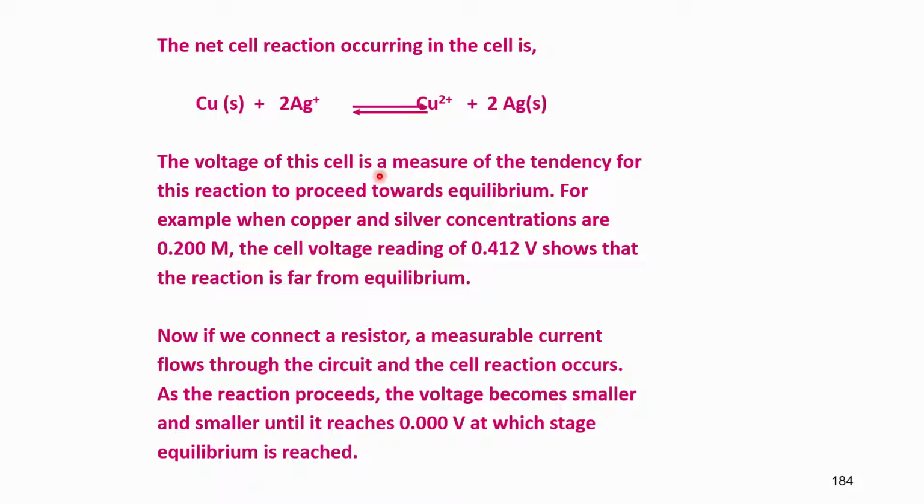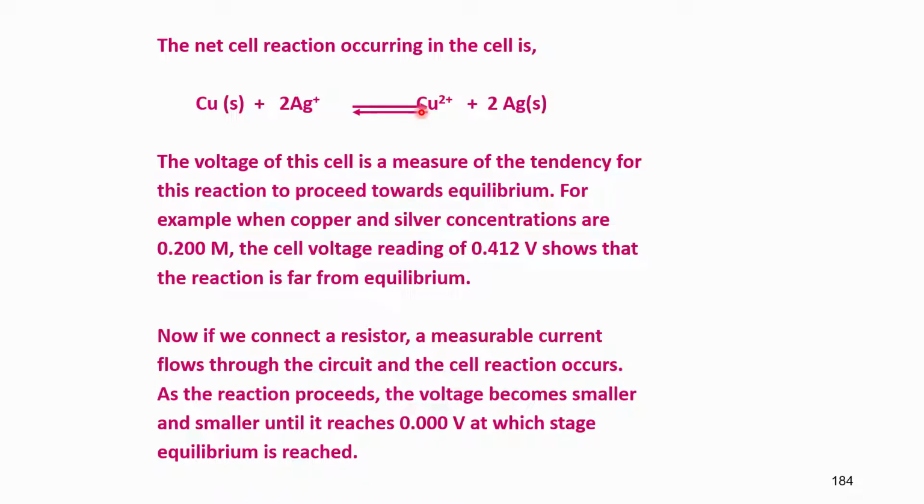The voltage of this cell is a measure of the tendency for this reaction to proceed towards equilibrium. The voltage tells us whether it can proceed towards equilibrium, that is, towards the right or left.